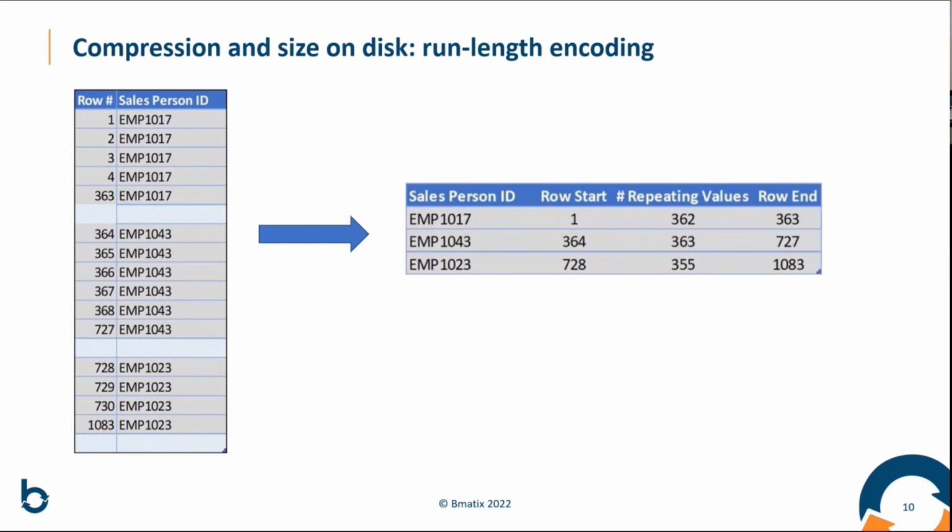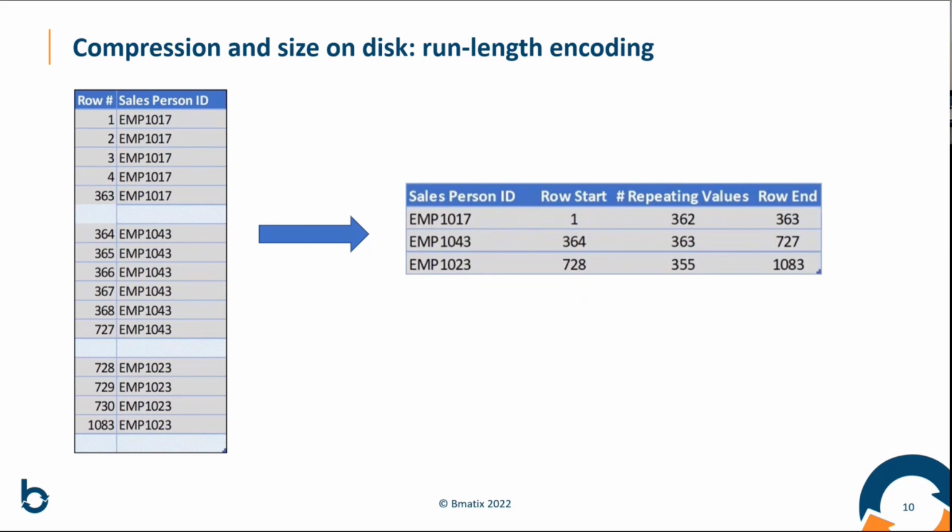So employee 1043 also has rows starting from 364 up until 727. So what is the compression algorithm going to do? It's going to look at, and the name already gives it away, run length encoding, for how long the same value occurs contiguously.